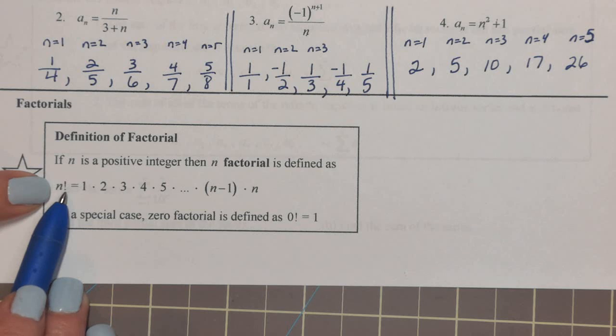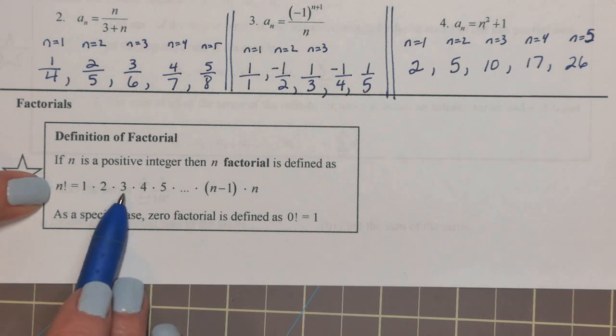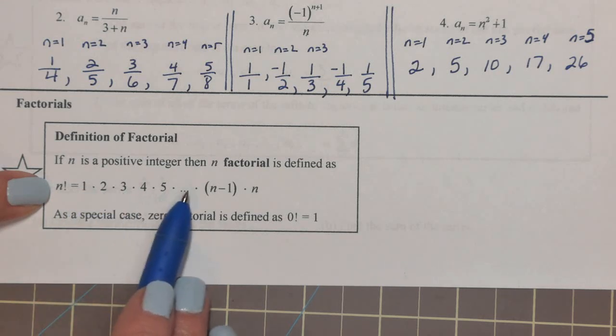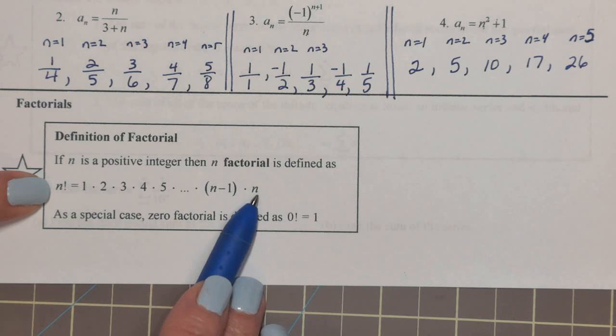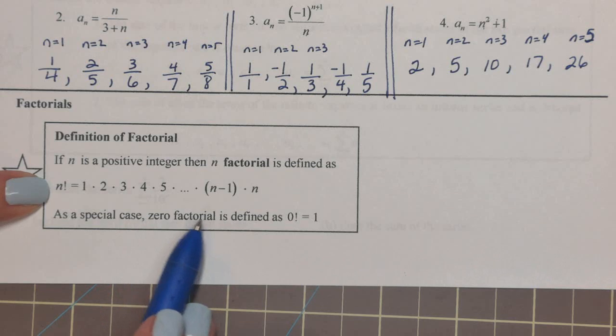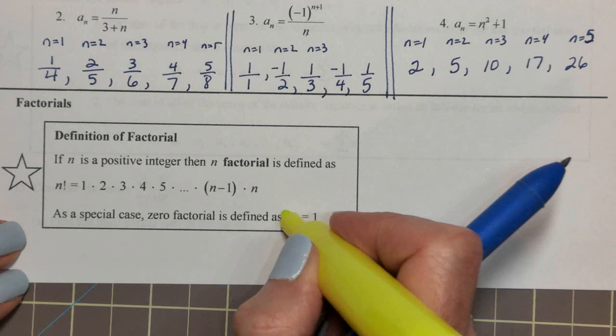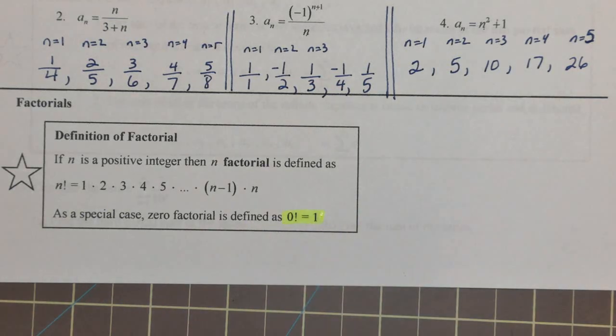So n factorial is defined to be 1 times 2 times 3 times 4 times 5 all the way up to n. As a special case, 0 factorial is defined to be 1. You need to know that 0 factorial is 1 by definition. Okay?